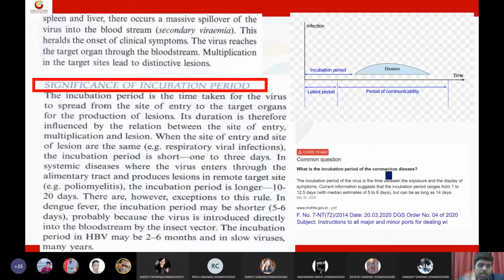This incubation period varies from virus to virus. Like coronavirus, it is around 7 days, whereas HIV 2 to 3 years, hepatitis B around 6 months, pox infection 1 to 2 days. Within 2 days, the incubation period is very short, and you will get infection. So this is called the incubation period.